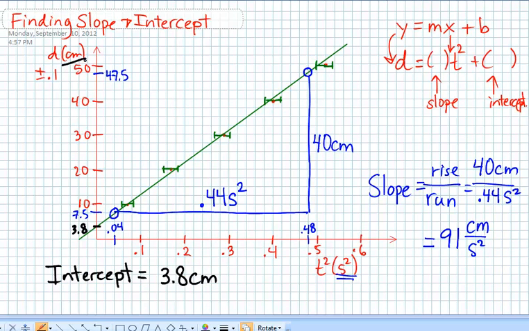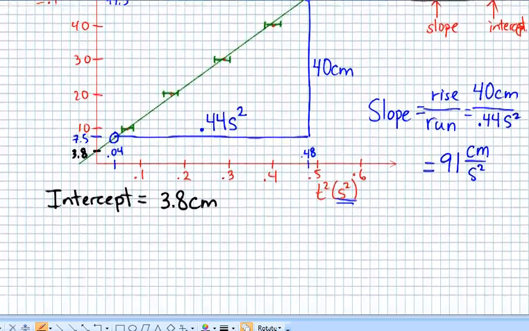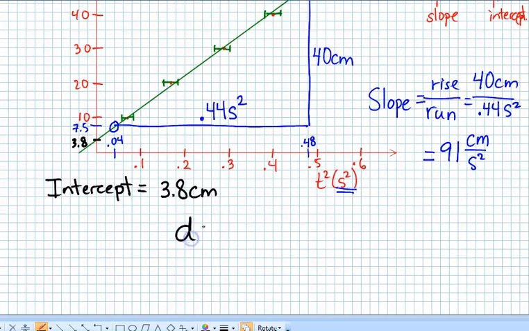Okay, so now we're ready to try to write this equation. And so remember, we're trying to fit everything into here. D equals slope times t squared plus the intercept. Alright, so just as a reminder, we want D equals slope times t squared plus the intercept.